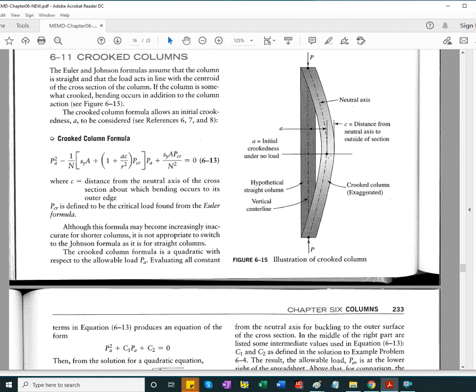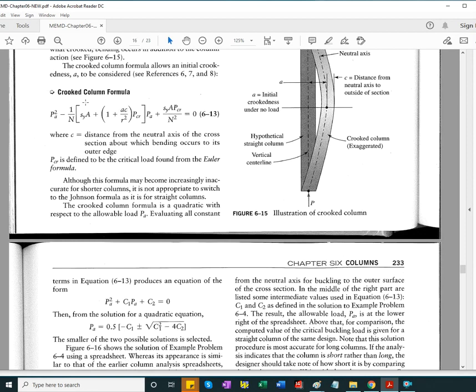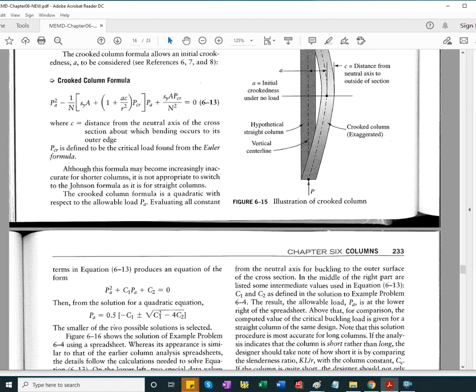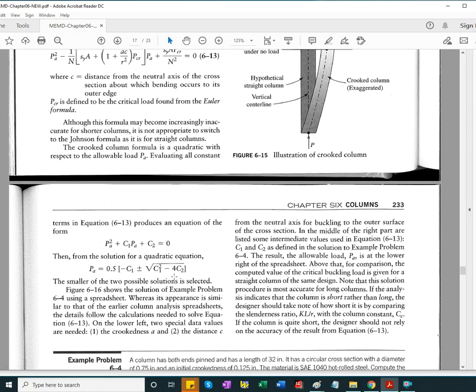You can have a section that's non-symmetric, for example a C-channel with the flanges pointing either to the outside or to the inside. Anyway, so you calculate the two coefficients, and then remember this is plus, so you need to include the minus, and then this other one is C2. You calculate the admissible load, and this will be it.